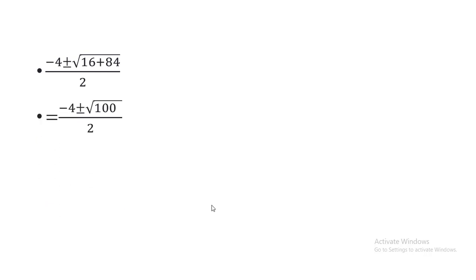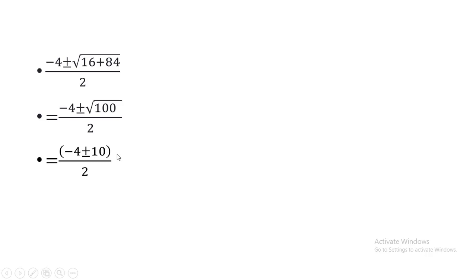Next, adding these two numbers, 16 plus 84 gives you 100. Under root 100 is possible, which is 10. Now, to simplify further, we have minus 4 plus minus 10 divided by 2. Since this is an order 2 equation, we will get two roots. Minus 4 stays as it is; one time I write it with plus 10, and for the second root I write it with minus 10.